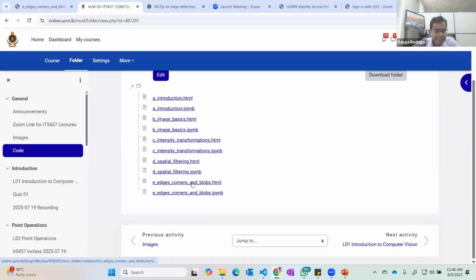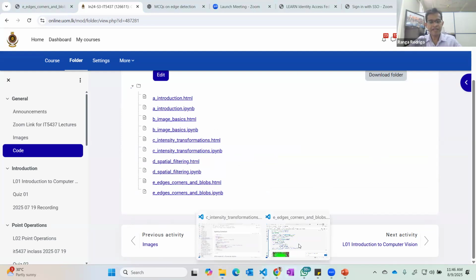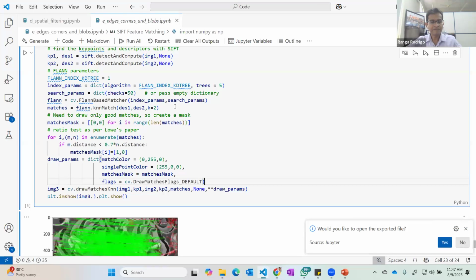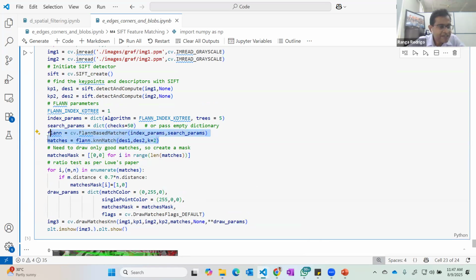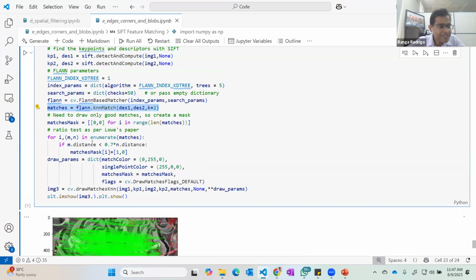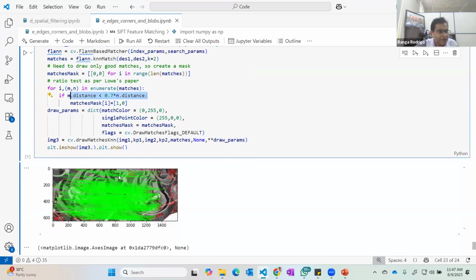If you look at this HTML file, you can download it and read it without using any code. After matching, you can take those matches and check some kind of distance sorting. We had to spend a little bit of time to understand that. Then you mark the matches and draw the lines between them.